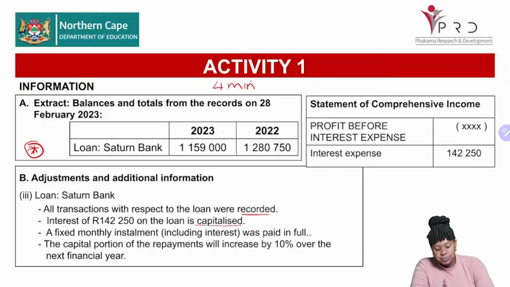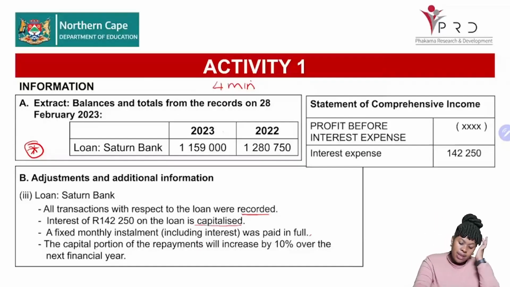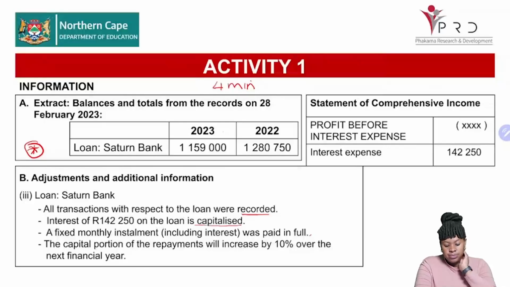If the examiner is asking for the statement of comprehensive income, then we would have to write our interest on loan in the relevant space where it says interest expense. So if you have other interest expenses, then you would probably have the amount over here, the 142, and then you add other interest expense, interest on overdue account and interest on overdraft and so forth.